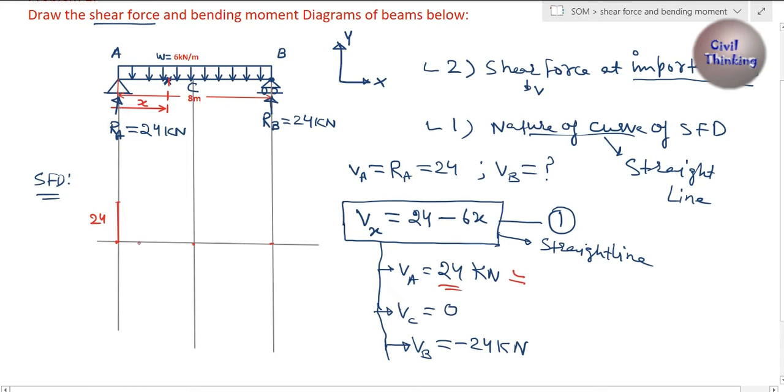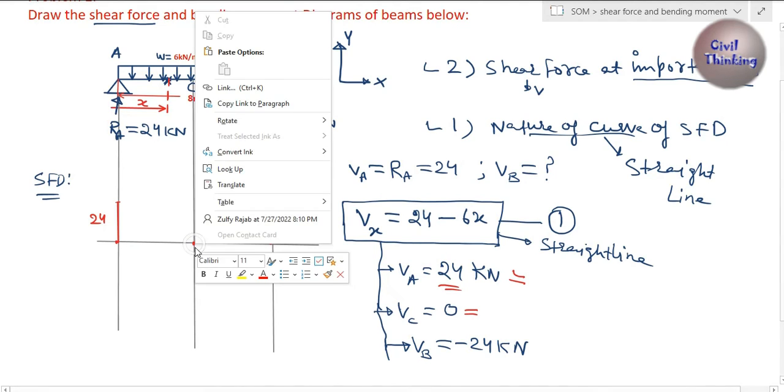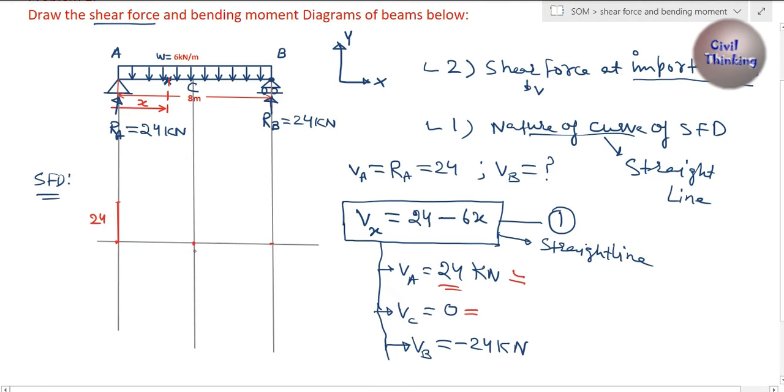Now how much is the shear force at C? It is 0, right? So 0 is no line, basically it is just on the base. The baseline is the 0 line. So at C it is like a point. Now at B the shear force is minus 24, so I am going to draw it below the 0 line or baseline.